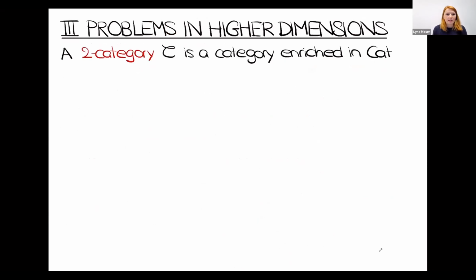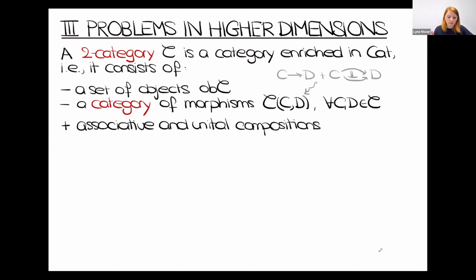So now we want to look at the 2-category instead. The definition of a 2-category is simply a category enriched in categories. And so this consists of the following data. I have a set of objects, and then I have a category of morphisms between any two objects.